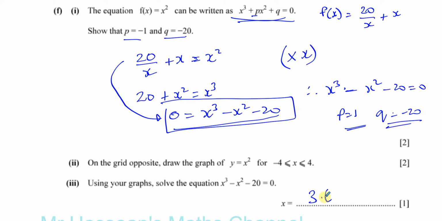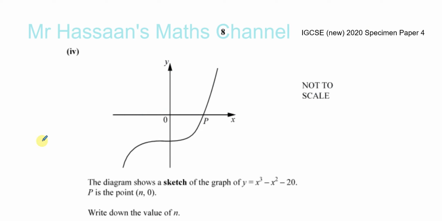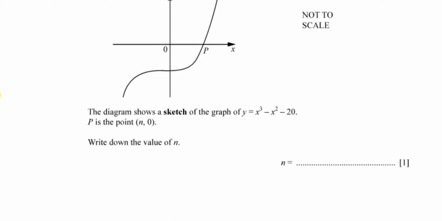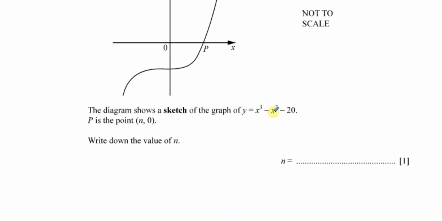Okay, and then I think there's one more part to this question. It says the diagram is a sketch of the graph of y equals x cubed minus x squared minus 20. P is the point (n, 0). Write down the value of n. So remember, we just solved the equation x cubed minus x squared minus 20 equals 0. The value of the point where it equals 0, this is where this graph equals 0.